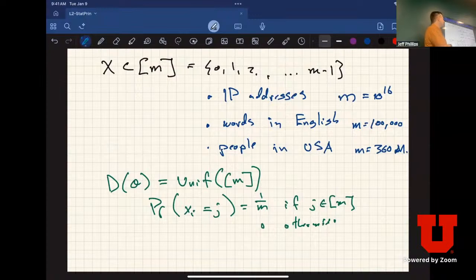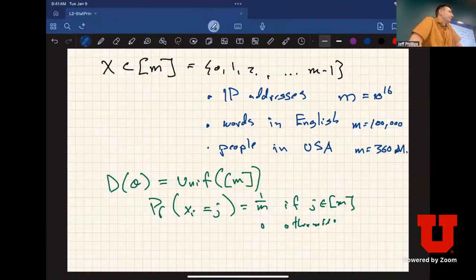Okay, let me now rephrase the question. Let's say I have words in English, and every time I see a word, I want to identify it with one of these numbers. Or I have an IP address, I want to identify it with one of these numbers, or a person. How would I set this up?